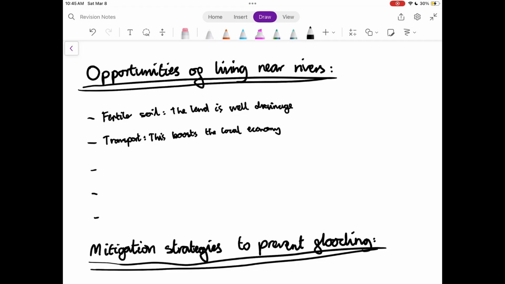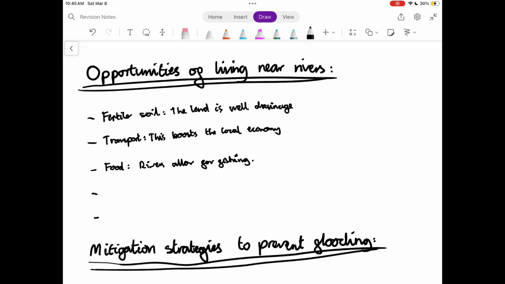And the next thing you need to know is it provides food. And this is because rivers allow for fishing to happen. So it increases food production for the settlement.